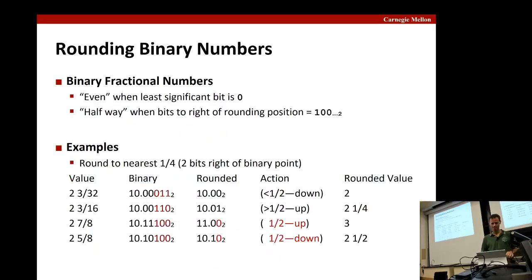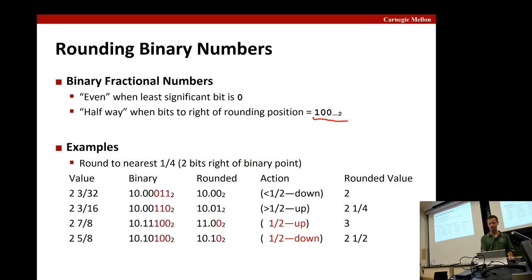Good. With binary numbers, it's actually in some sense simpler, because there's only ones or zeros to consider. So what does halfway look like? Halfway is a 1 followed by a bunch of zeros. If we look at these numbers, the digits in red are the part I'm considering when deciding whether it's less than halfway, greater than halfway, and so forth.